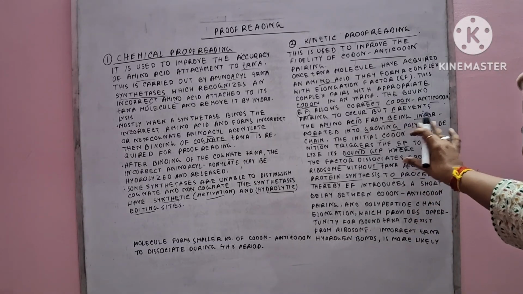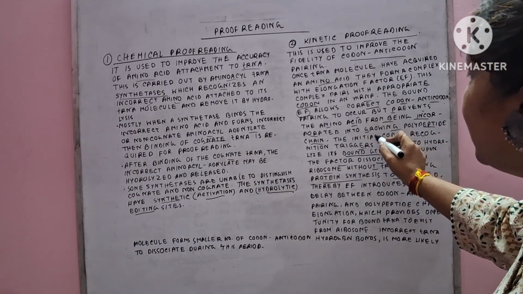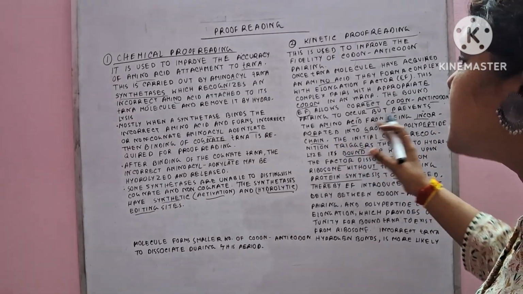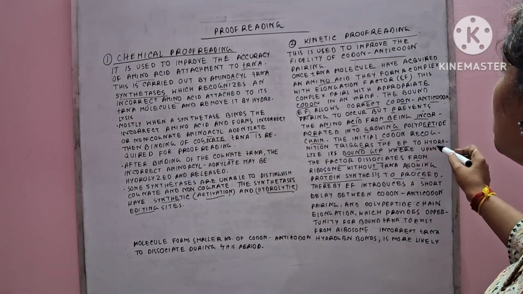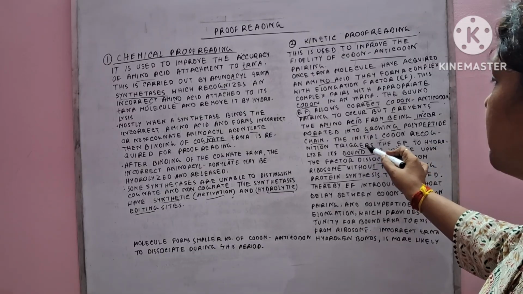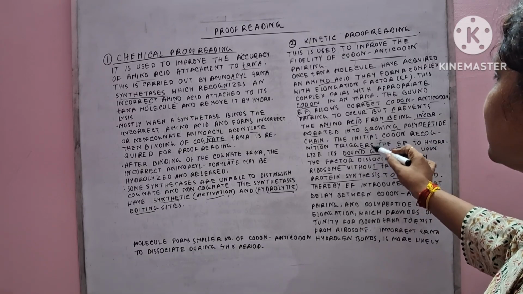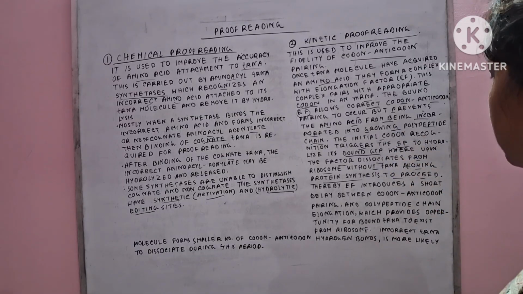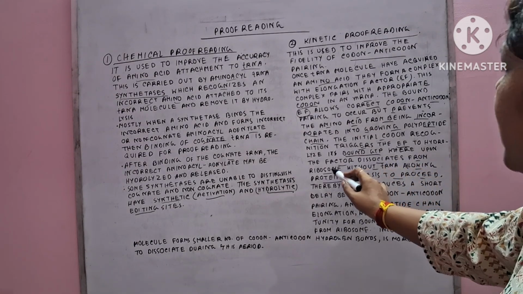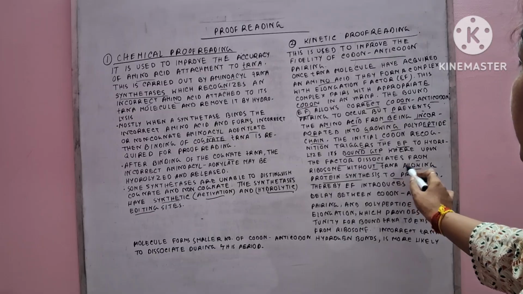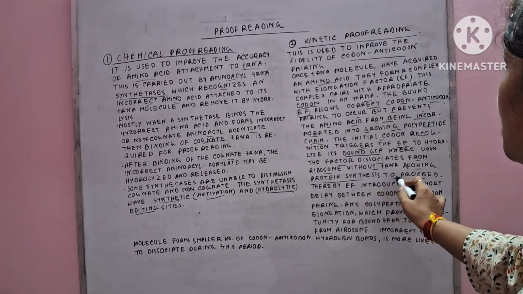This is another important thing. What is it saying? When the initial codon recognition is completed, this triggers the elongation factor to hydrolyze the GTP, and the factor dissociates from the ribosome without tRNA, allowing protein synthesis to proceed.